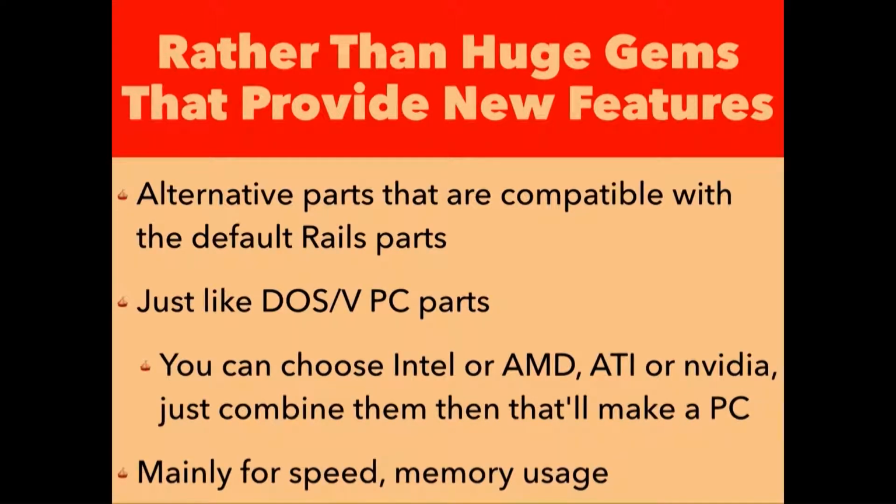Rather than creating huge gems for something like an Active Record alternative or an Action View alternative, it could be nicer if we had small alternative parts, like faster blank.